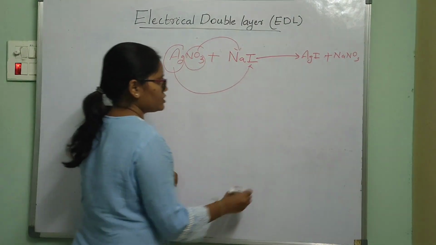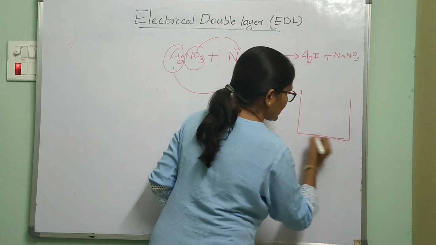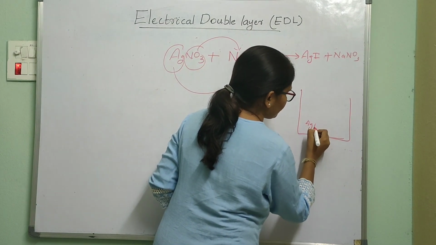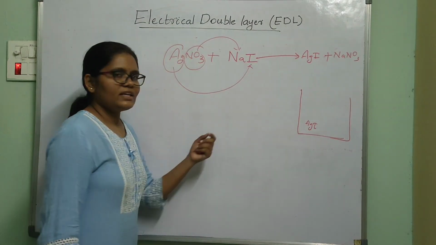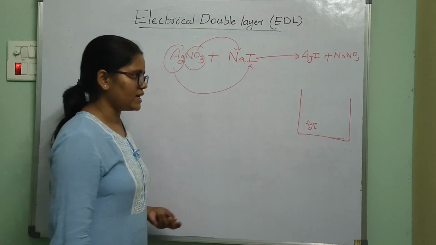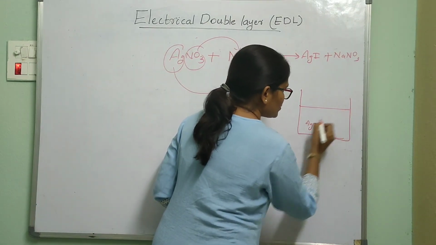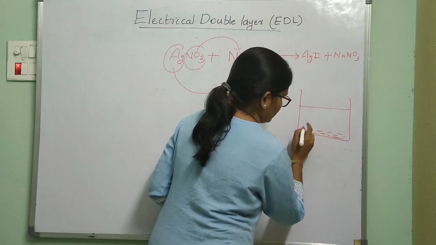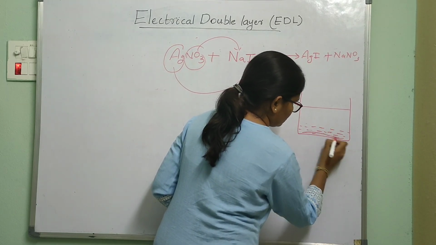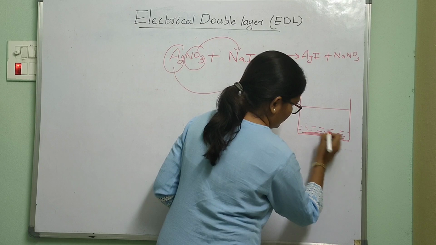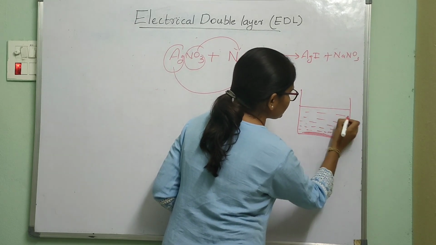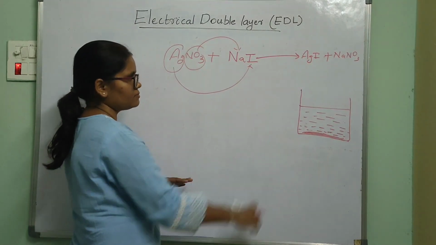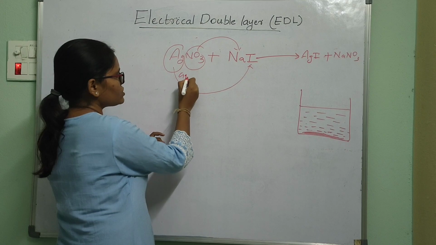Now in your solution, what do you have? You have AgI. And we know that AgI is a solid, right? So it will be precipitated at the bottom. If this is your reaction mixture, these are all aqueous solutions, right?